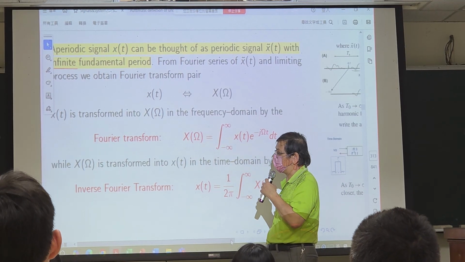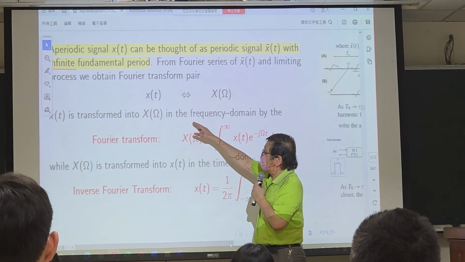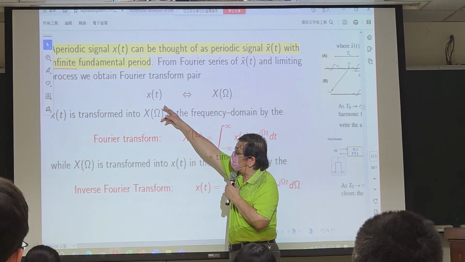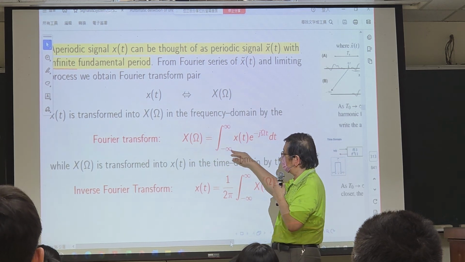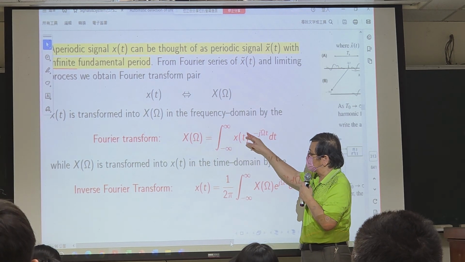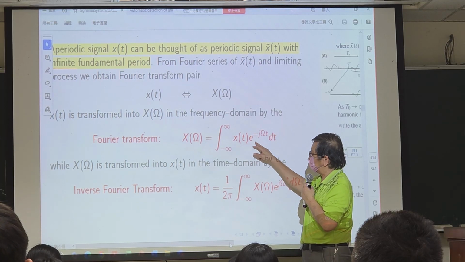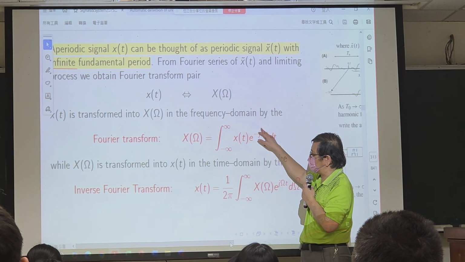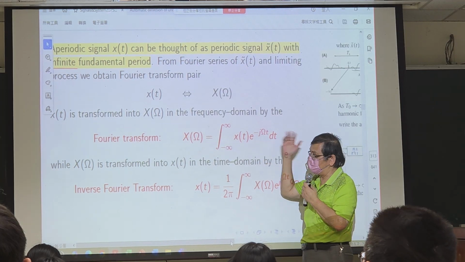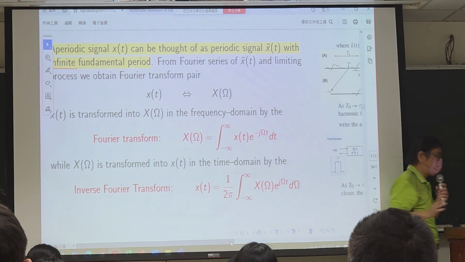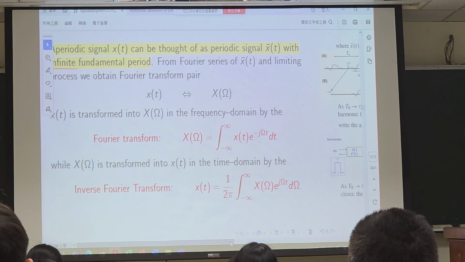So this Fourier transform goes to X(omega), and by definition, it is the inner product of the original signal with the complex exponential function. Got it? Keep that in your mind. So that's the Fourier transform of the signal.